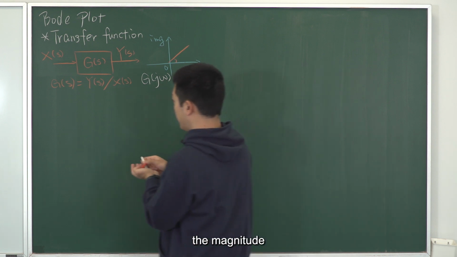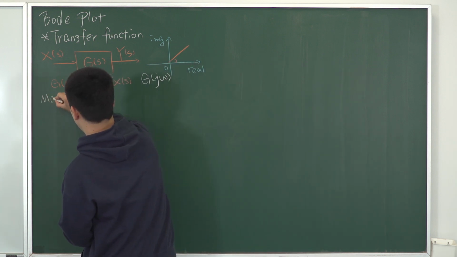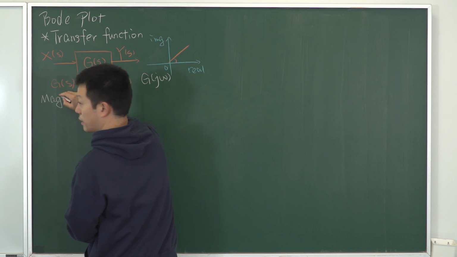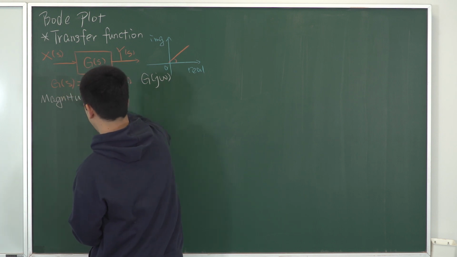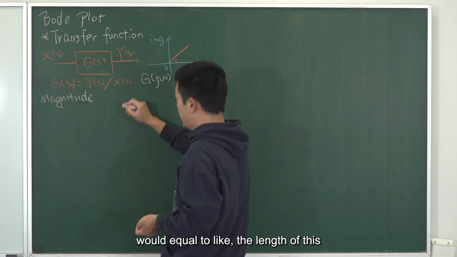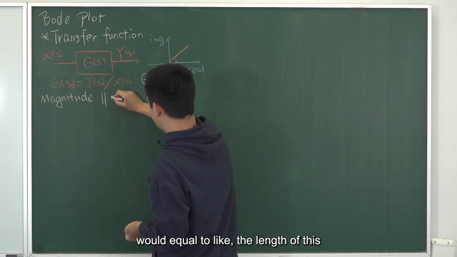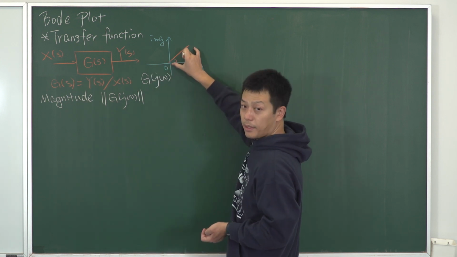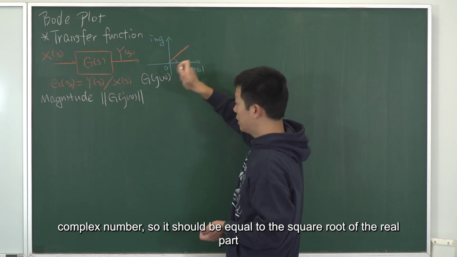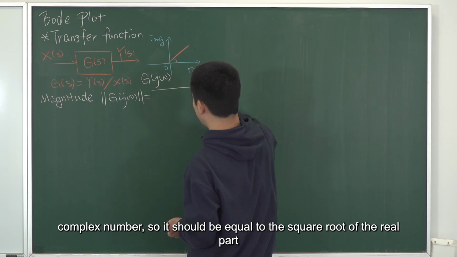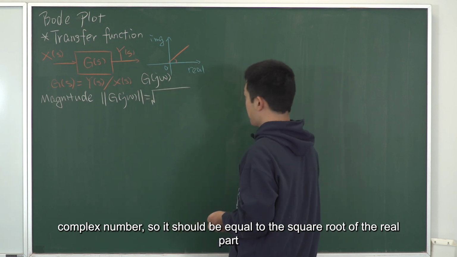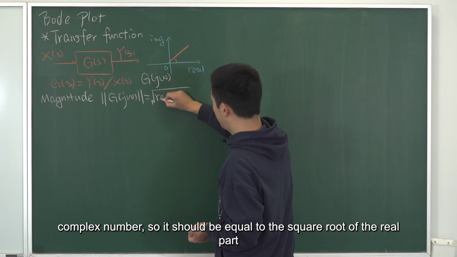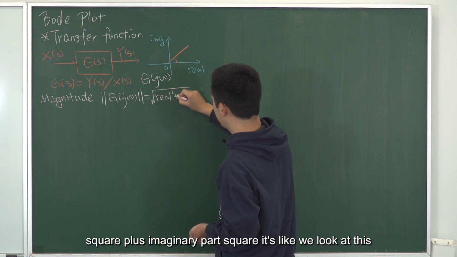For example, the magnitude equals the length of this complex number, so it should equal the square root of the real part squared plus imaginary part squared.